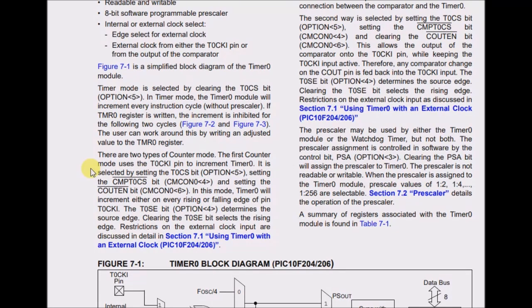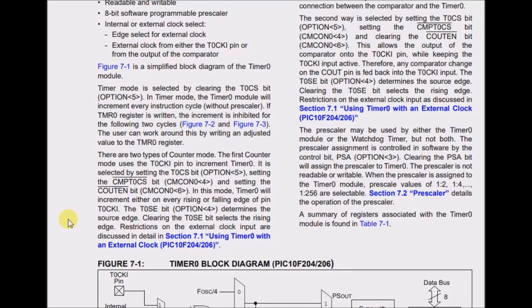Setting the CMPTOCS bit. Got to come back to that. CMCON0 bit 4, and setting the COUTEN bit, the CMCON0 bit. In this mode, Timer0 will increment either on every rising or falling edge of pin TOCKI.